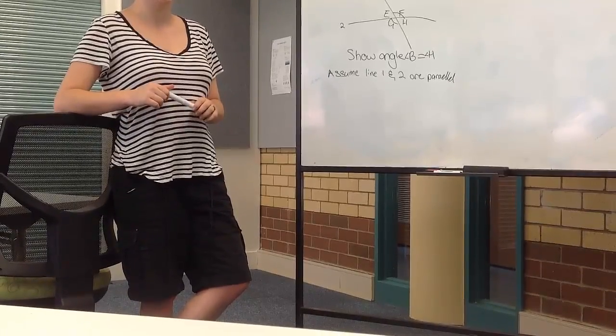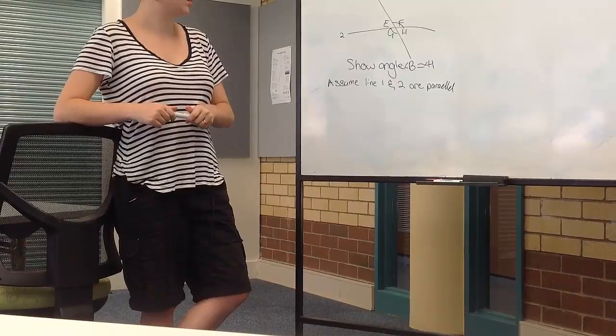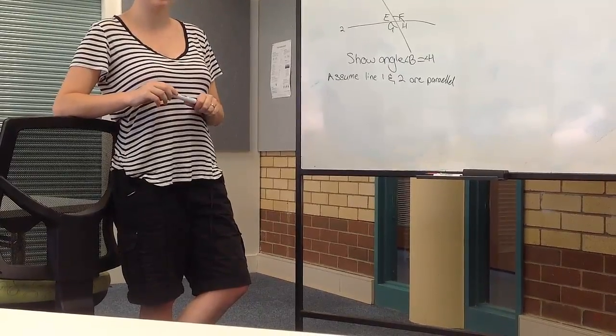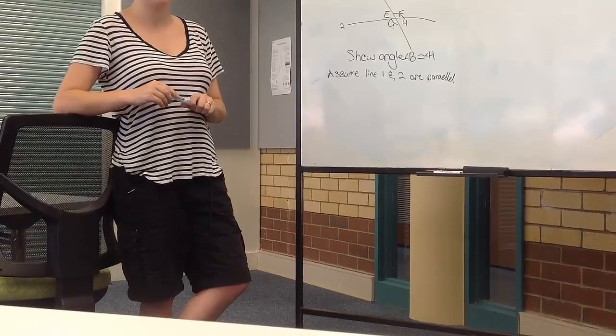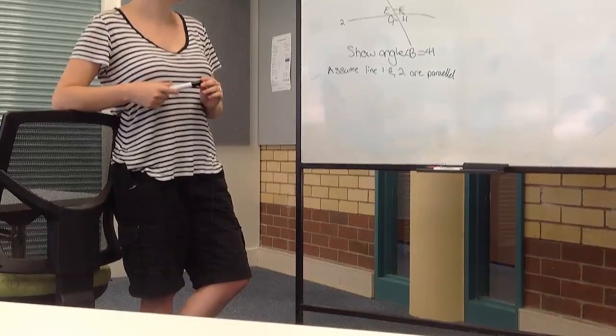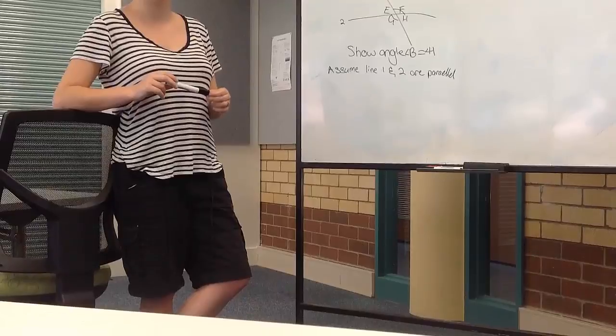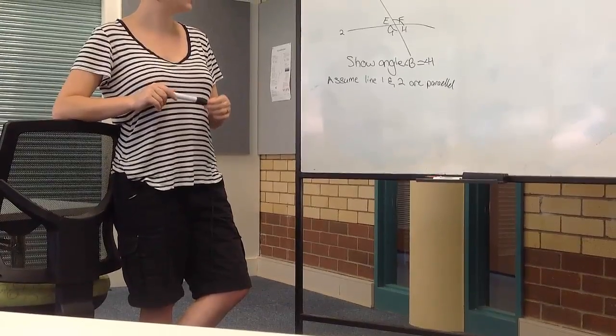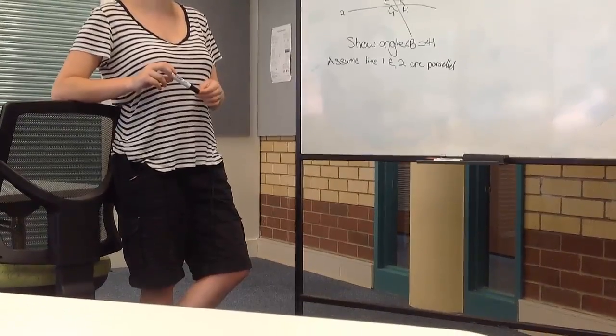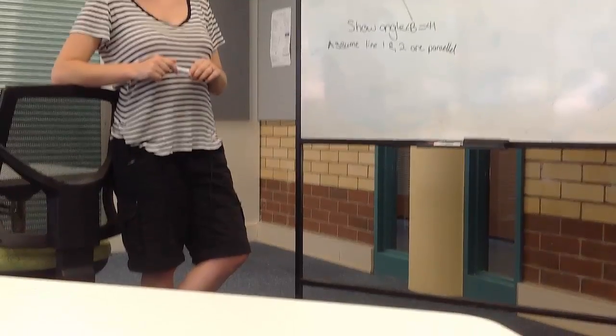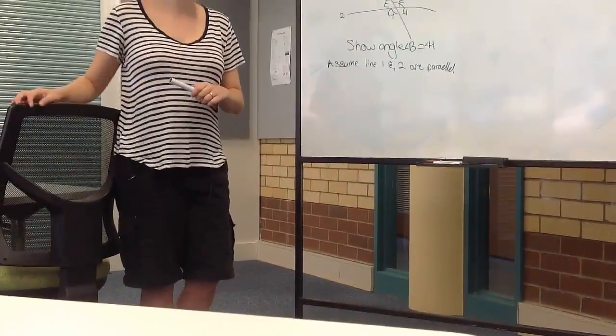Then you could also do, because we know that B plus A is 180, A plus D is 180, A is common to both, so B equals D. And they can use other techniques. Then you've got the U rule. So you would expect a variety of different options coming out which would prove that B was equal to H.